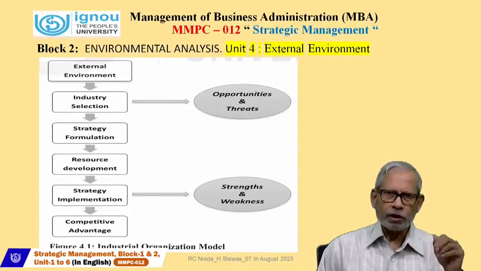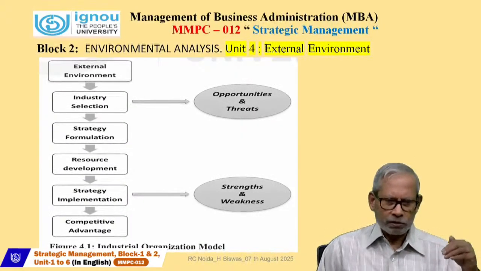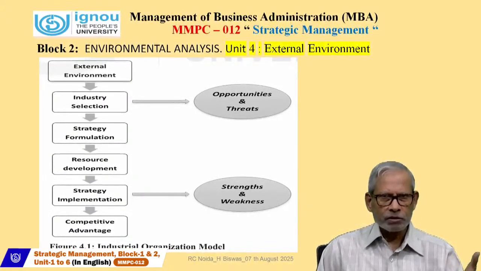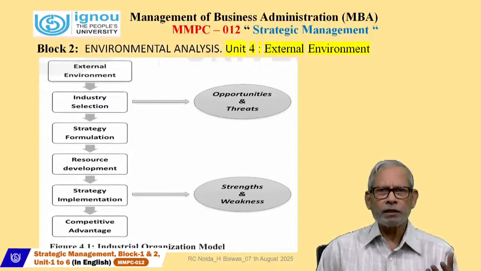So, this is the way you can identify, and based on your strategy implementation, competitive advantage, what are the resources of the development. They all are internal matters, internal analysis.